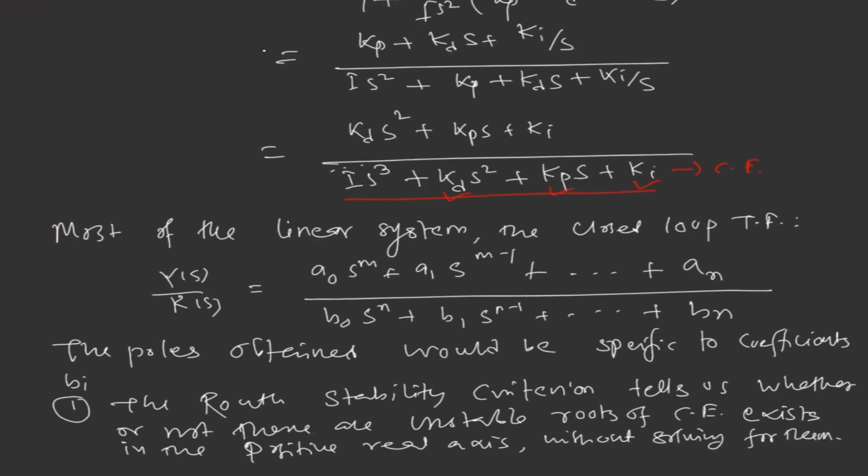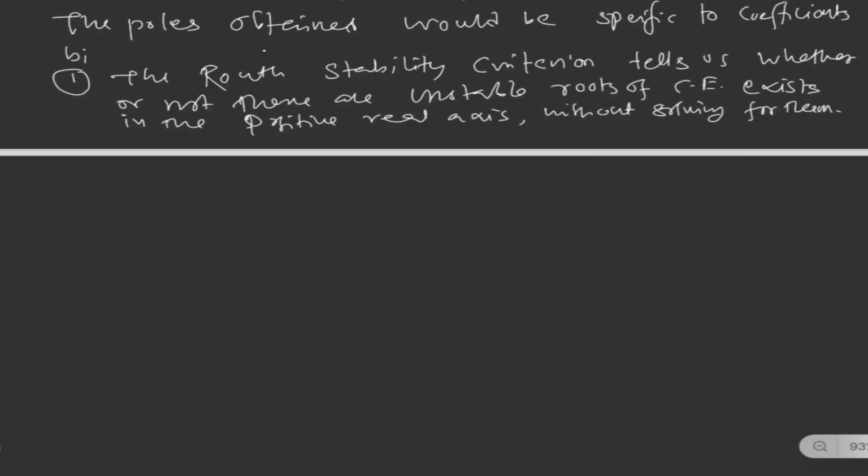So from this stability criterion, we can come to a conclusion whether the system's poles are on the right-hand side or not. As you know, if any poles come in this half, so this is one half and this is the other half.